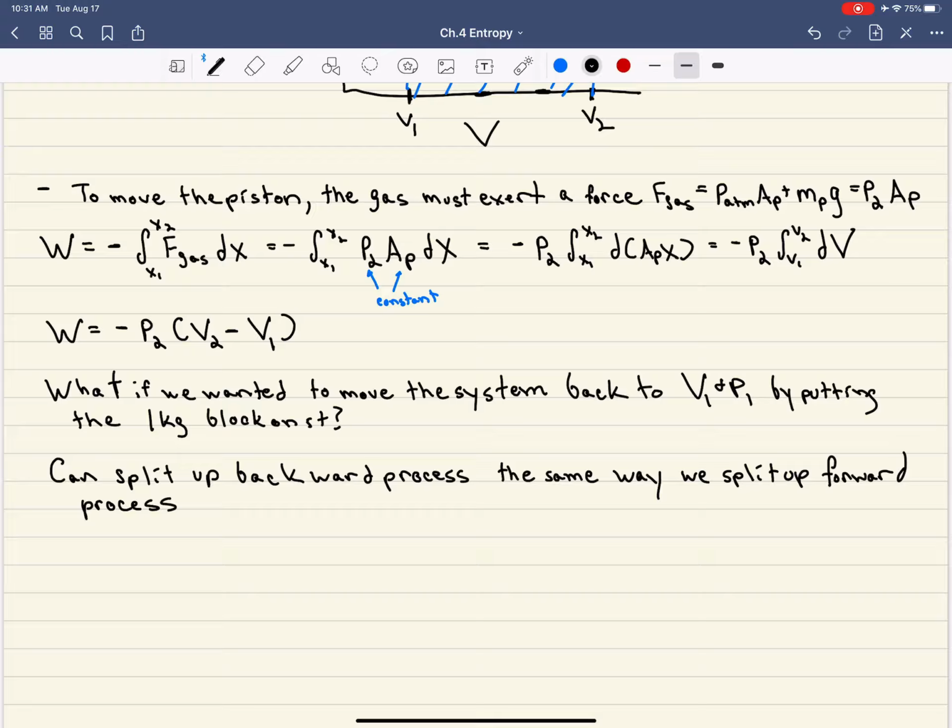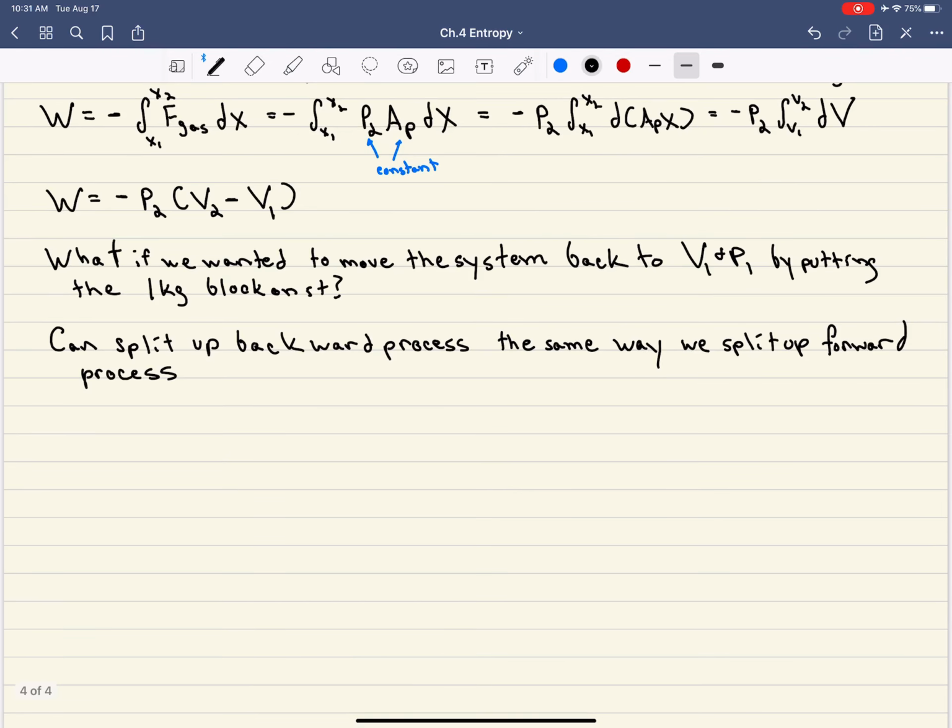All right, and so the way we split this up is, as soon as you put the block back on the piston, the way you could model the system is that the system goes from P2 back to P1, and the volume stays the same.